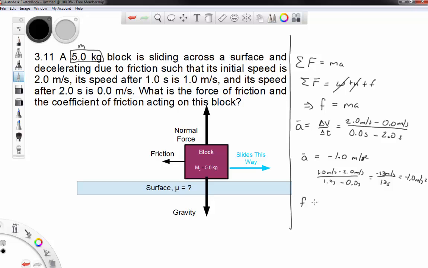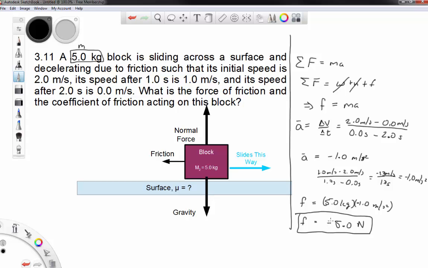We have one for the mass. So the force of friction needs to be mass times acceleration. So that's 5.0 kilograms times 1.0 meters per second squared. And this guy's negative. So the force of friction would be negative 5.0 kilogram meters per second squared, which is the same as negative 5.0 newtons.